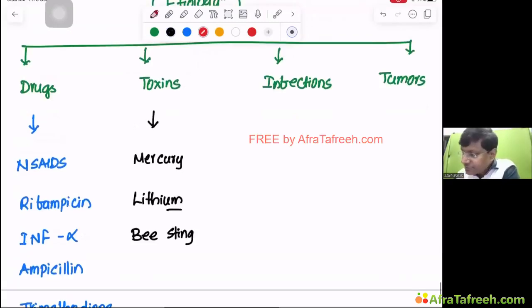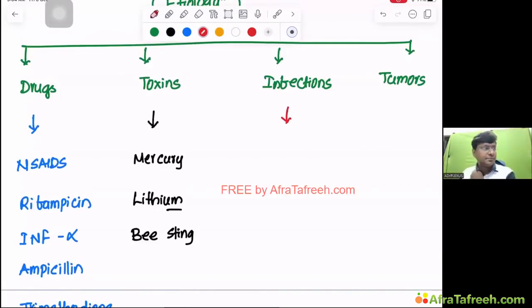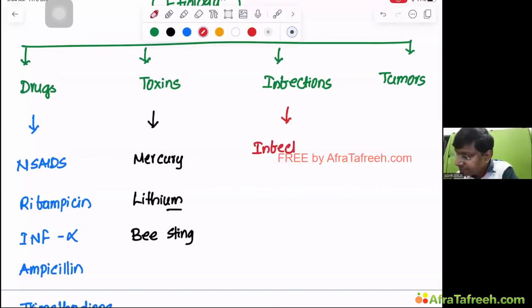Then coming to the infections. Does anyone know what is that particular infection which is considered as the kissing disease? That is infectious mononucleosis, which is caused by Epstein-Barr virus.